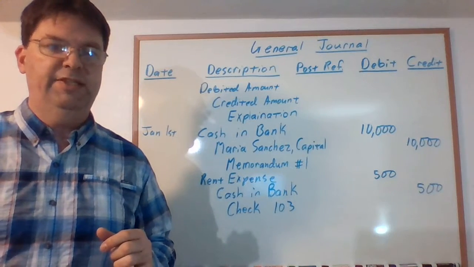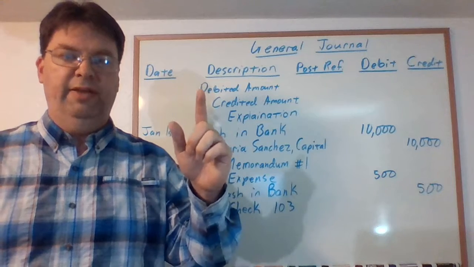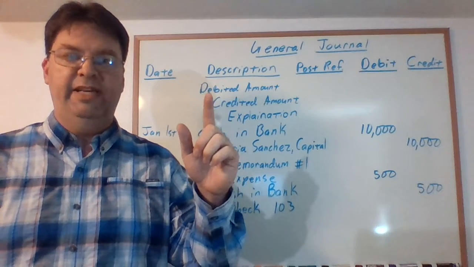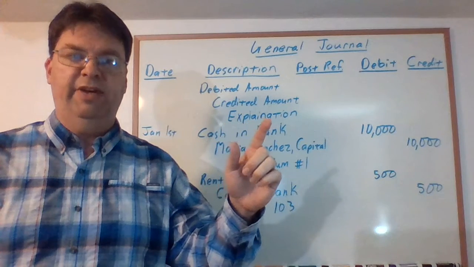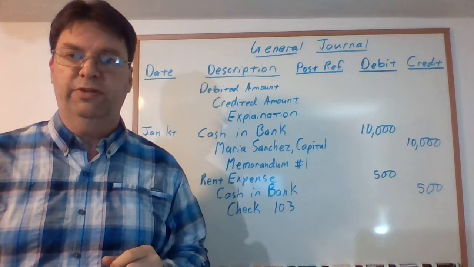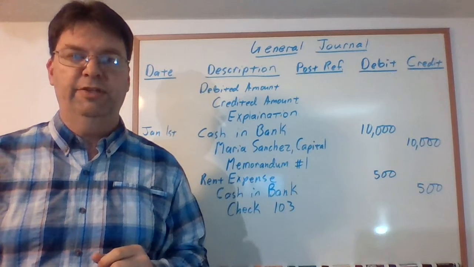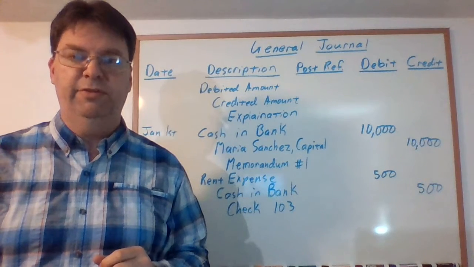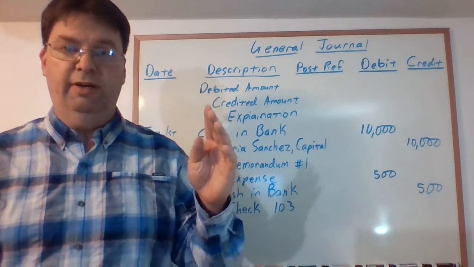All right, what we're going to see here is that in every journal entry you will have three things. You will have a debit, you will have a credit, and you will have some sort of explanation or source document. All right? So you're always going to have three entries whenever you do something in the journal. Now, you could have 4 or 5 or 6.